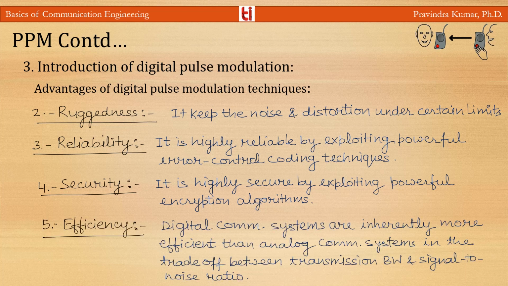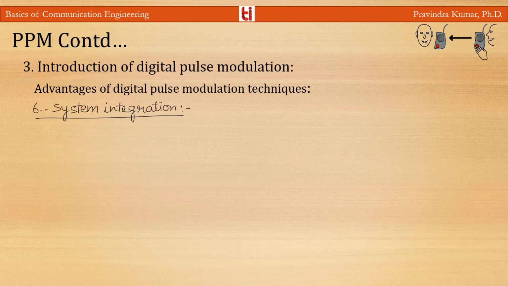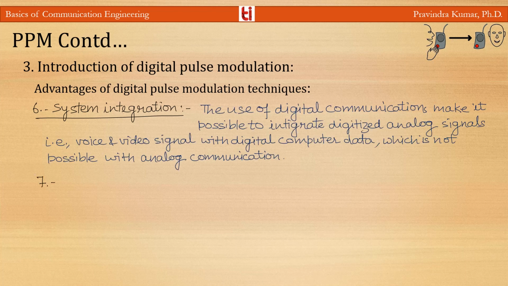And efficiency: digital communication systems are inherently more efficient than analog communication systems in the trade-off between transmission bandwidth and signal to noise ratio. Another advantage of the digital communication system is system integration. The use of digital communication makes it possible to integrate digitized analog signals, that is voice and video signals, with digital computer data.